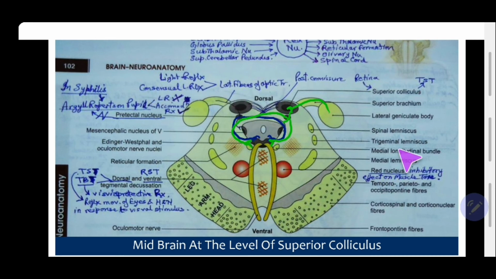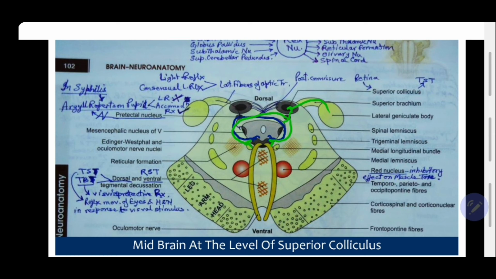Either you can watch a single eye for the constriction of pupil in response to light, that is called pupillary or light reflex. And if you point the torch in one eye, with a barrier on the nose, placing your hand on the dorsum of the nose, and you look at the opposite eye where we are not pointing the torch, and there is constriction on the opposite side, that is consensual light reflex. So both light reflex and consensual light reflex are controlled through this pathway.